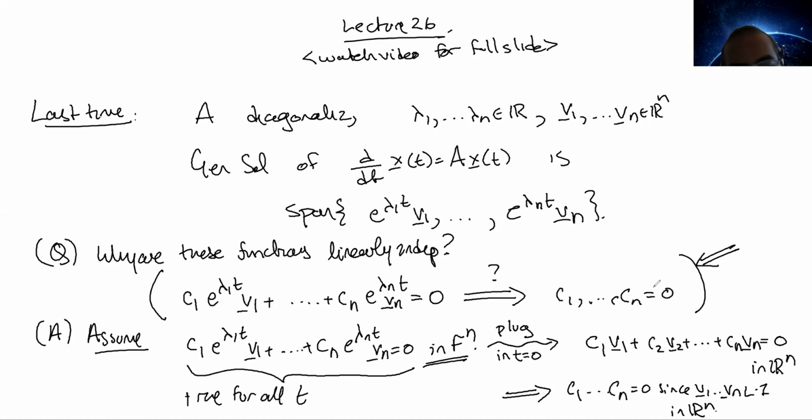Does that make sense? Another way of saying this is that if you have a bunch of functions that are linearly dependent, then that linear dependence passes over to when you evaluate them at a particular point.